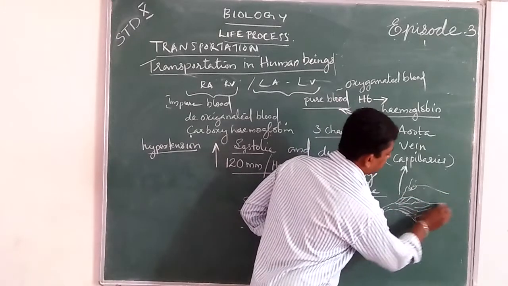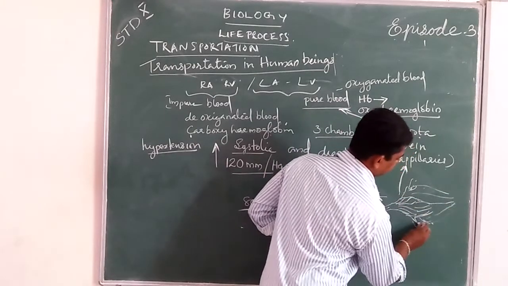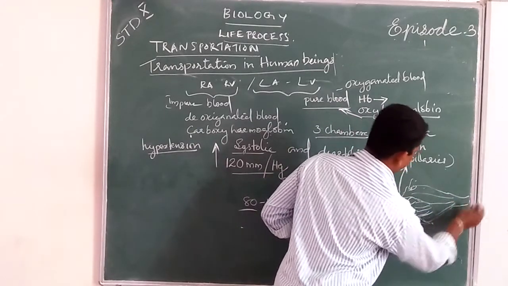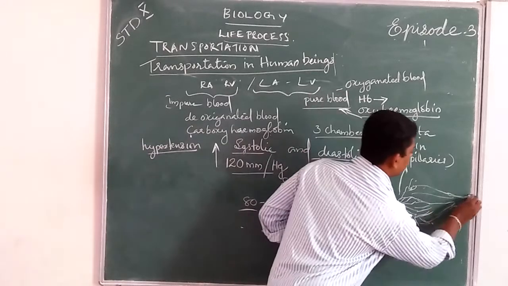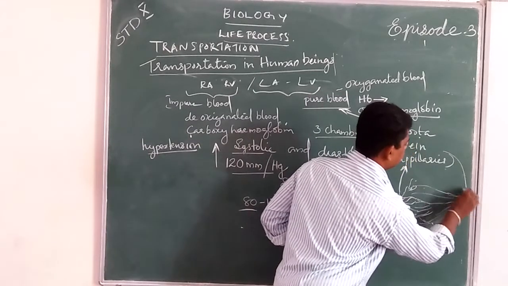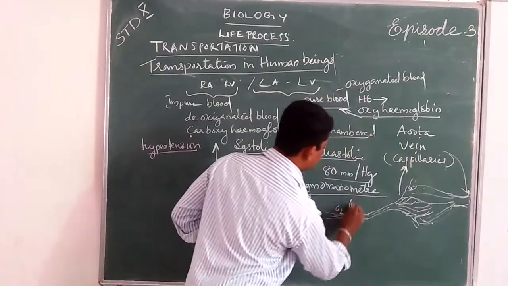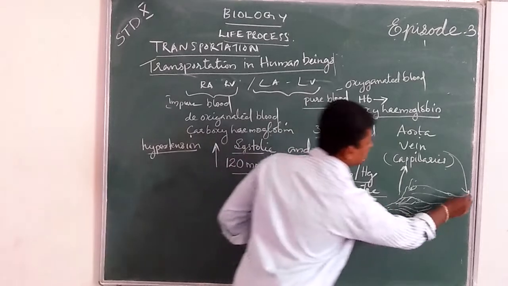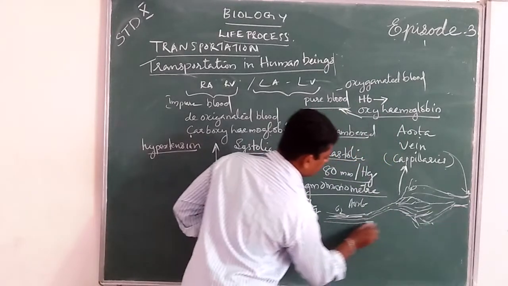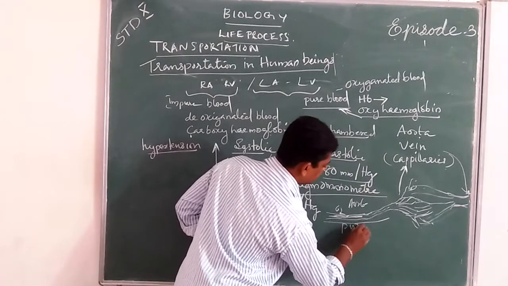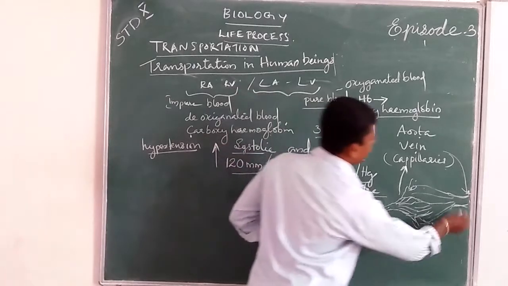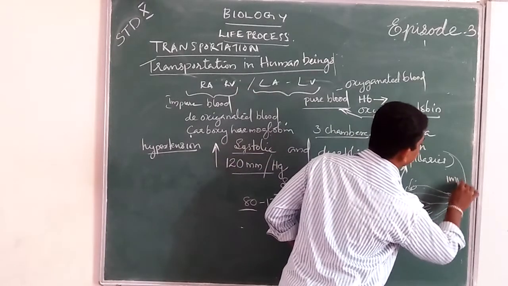And then their rejoining is known as vein. This is aorta and this is vein. Within the aorta, pure blood is traveling and the vein carries impure blood.